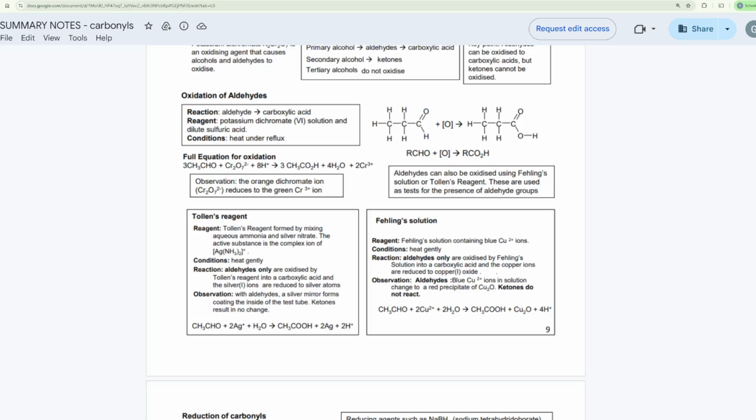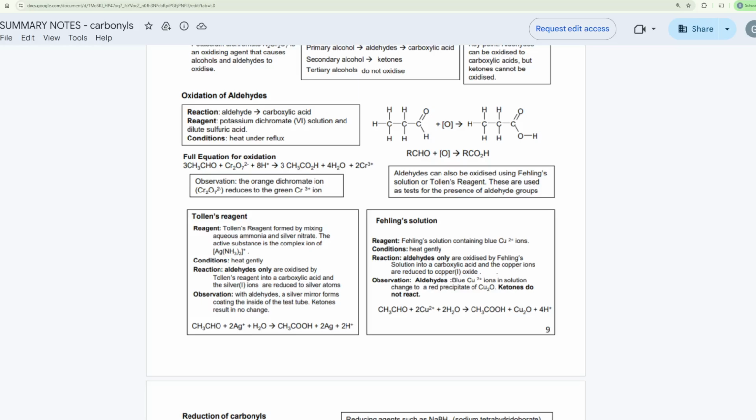Aldehydes can also be oxidized using Fehling's solution or Tollens' reagent. These are used as tests for the presence of the aldehyde group. Tollens' reagent is formed by mixing aqueous ammonia and silver nitrate. The active substance is the silver complex ion. I don't know what that ion is called.